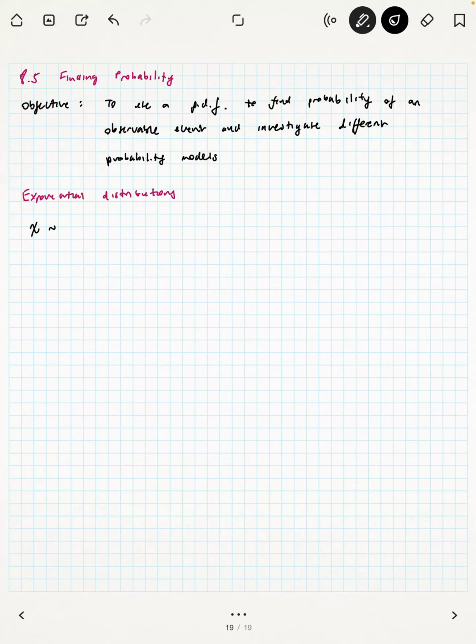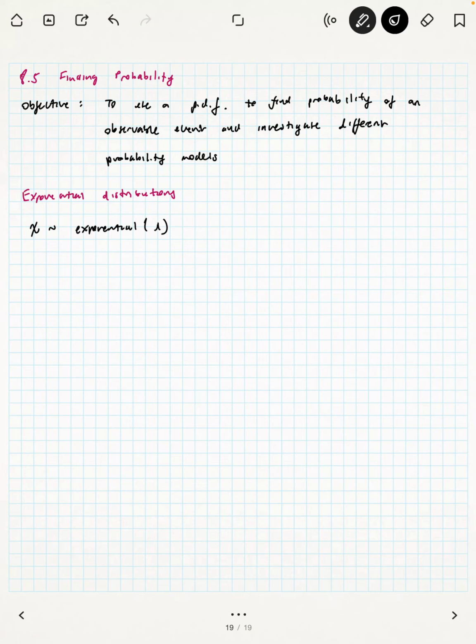Sometimes that will be written: X is distributed as an exponential distribution with lambda as its parameter.